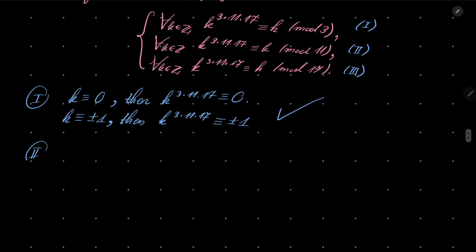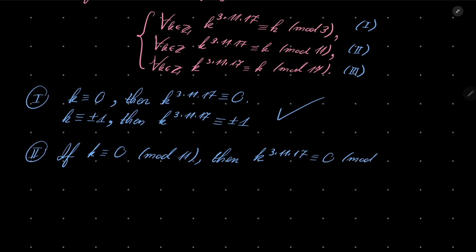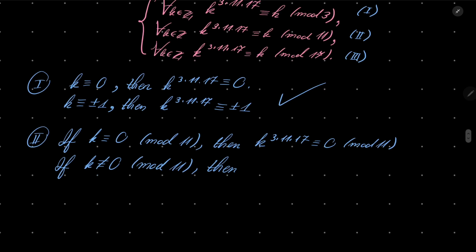Let's verify the second. Now I will not prove it case by case, but notice that if k is congruent to 0 modulo 11, then obviously k to this power is also congruent to 0 modulo 11. And if k is not congruent to 0, we can use Fermat's little theorem, and notice that k to the power of 10 is congruent to 1 modulo 11.